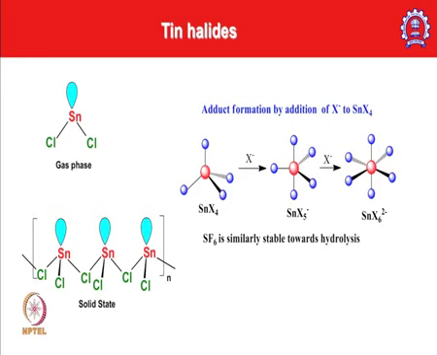As a result, in solid state it tries to establish a chloro bridge, and chlorine having a pair of electrons donates it to the tin, and it forms a covalent bond. So, because of this, it takes a one dimensional chain structure in solid state.